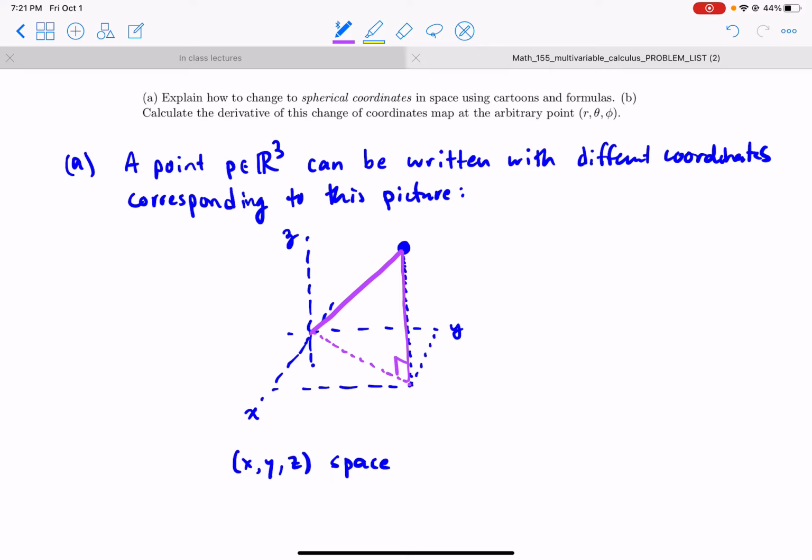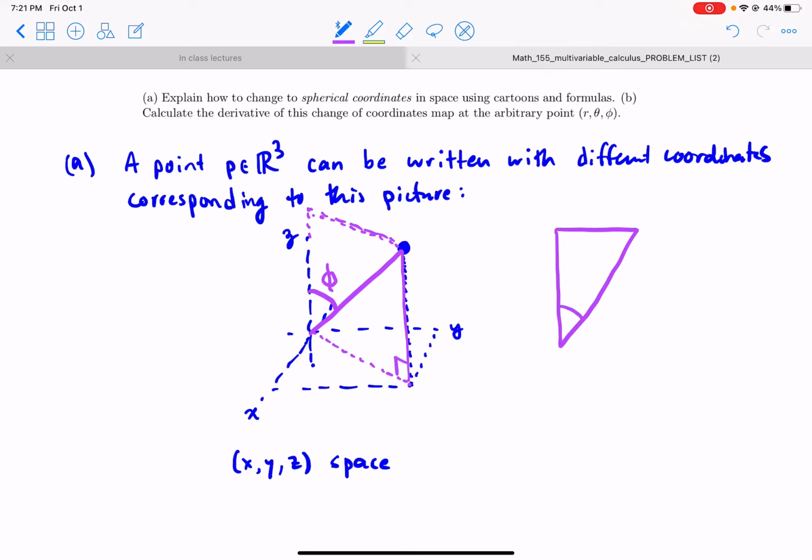And what we notice is that we can also go over here. Okay. Now, if I call this phi, then I see that the height, the z-coordinate, let me redraw it.